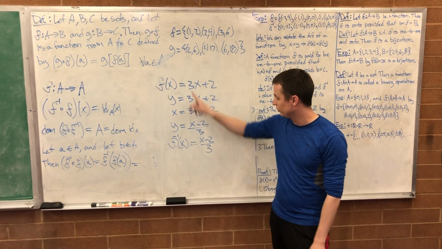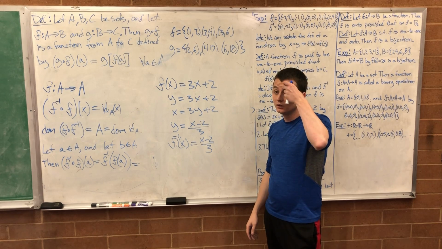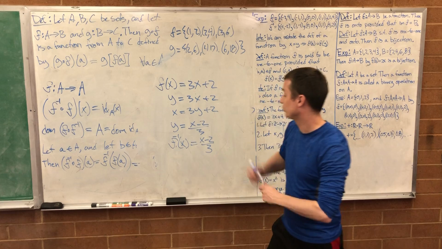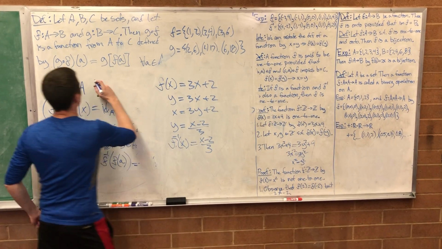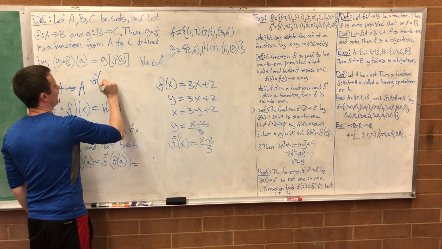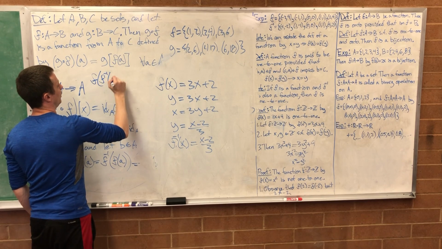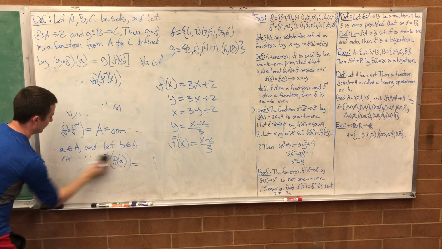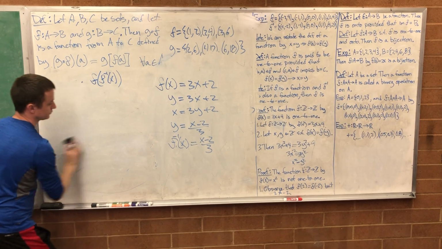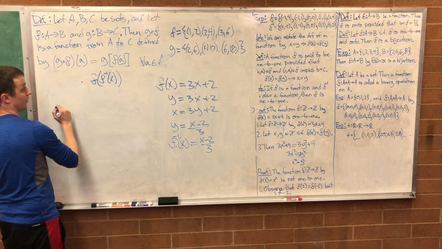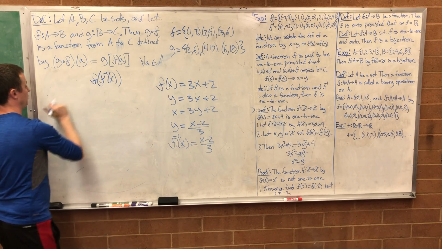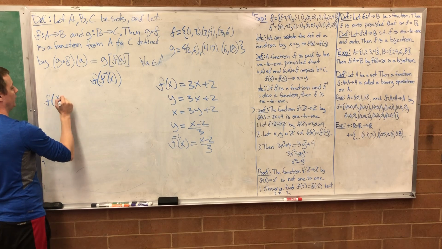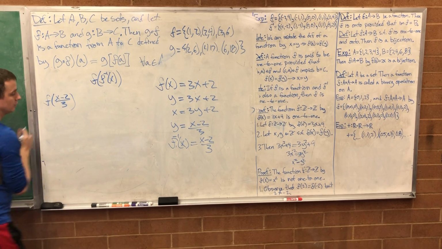Now let's see it directly. So you're saying let's just look at f of f inverse of x, right? Yeah. So let's write that out. I'm going to rewrite over here to give me space. So we have f of, what was f inverse of x? It was x minus 2 over 3, right? Yep.